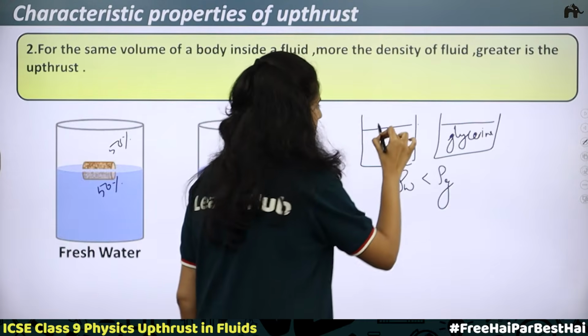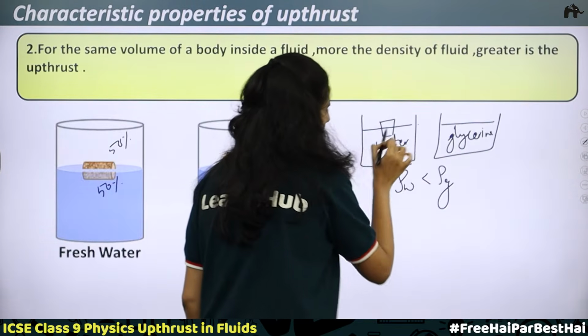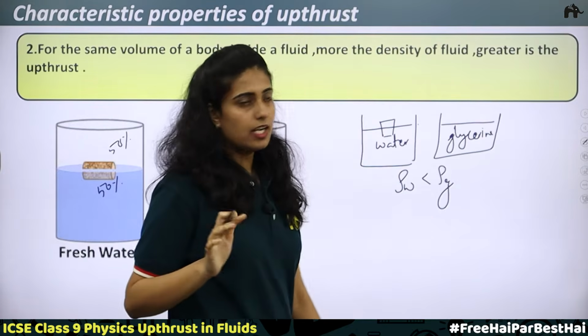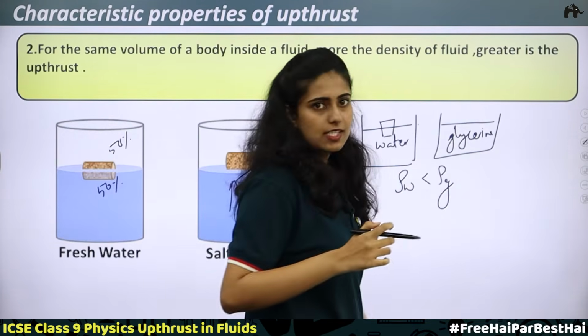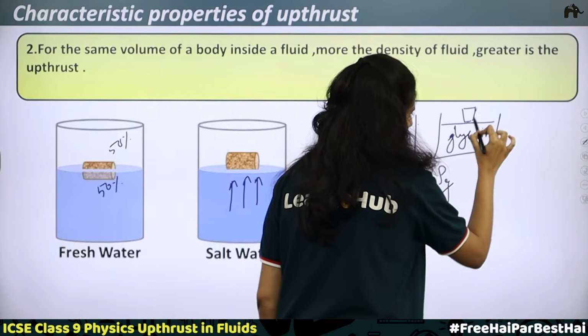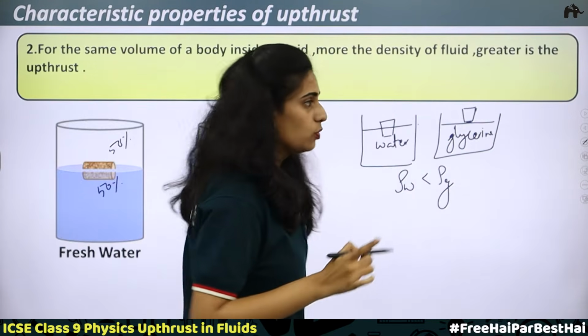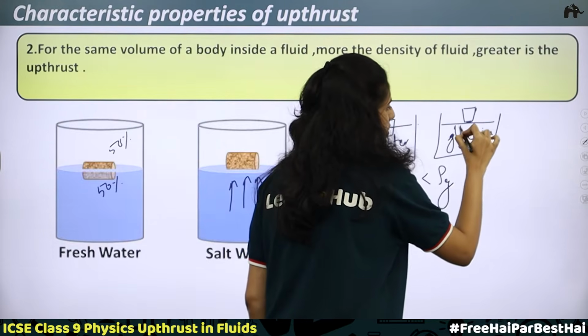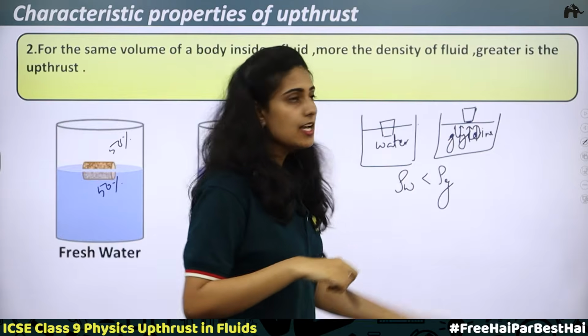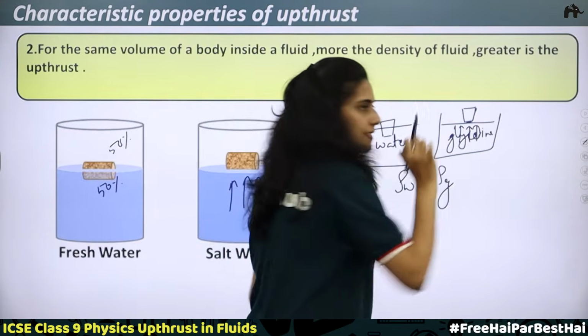What happens is the cork will almost be in this way in case of water, 50% inside, 50% outside. Now when you take the case of glycerin, the cork which is placed will be in this way. Here you will understand the upthrust is greater. Because the upthrust is greater, the body will be floating in this way.